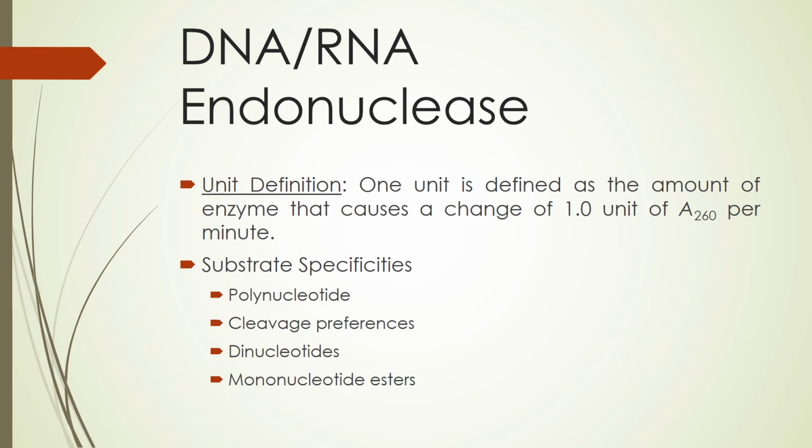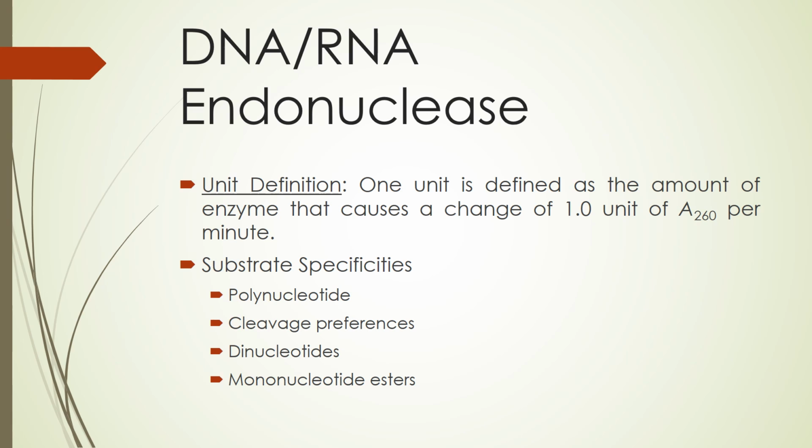So first is the polynucleotide. The denatured DNA, meaning the single-strand DNA, is the preferred substrate over the duplex DNA. Denatured DNA is digested by SNase sevenfold more effectively than RNA, and no inhibitory products are accumulated during the reaction.